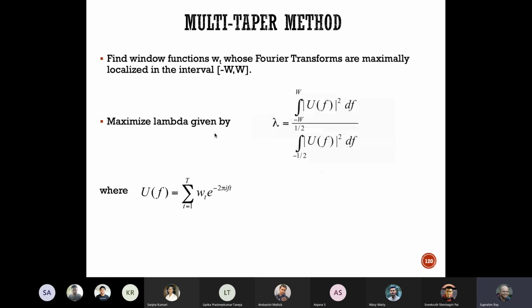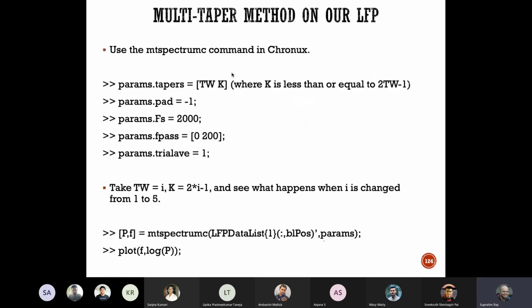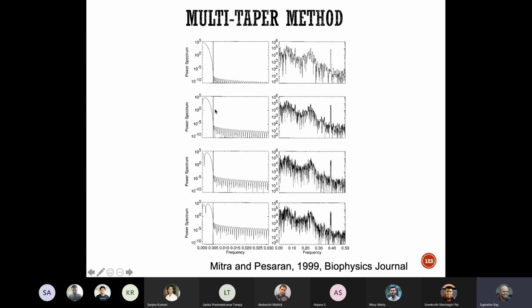The wider you make this W, the more window functions that are orthogonal you can get, which will be spectrally concentrated within this limit. Okay, so in other words, the wider you make this, the more functions you can get which are nicely concentrated.